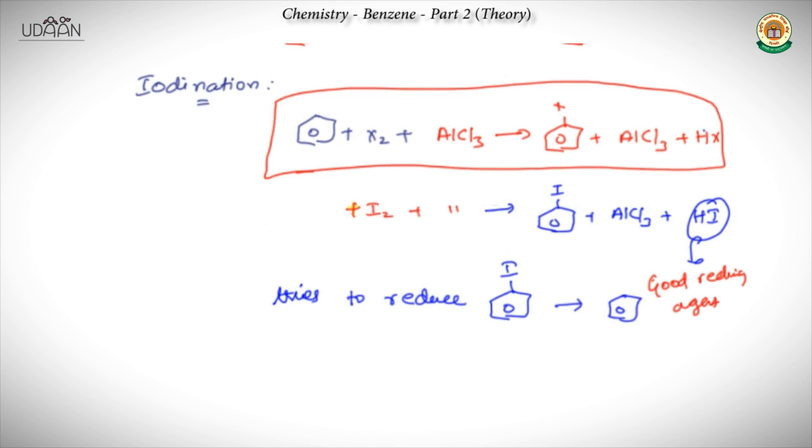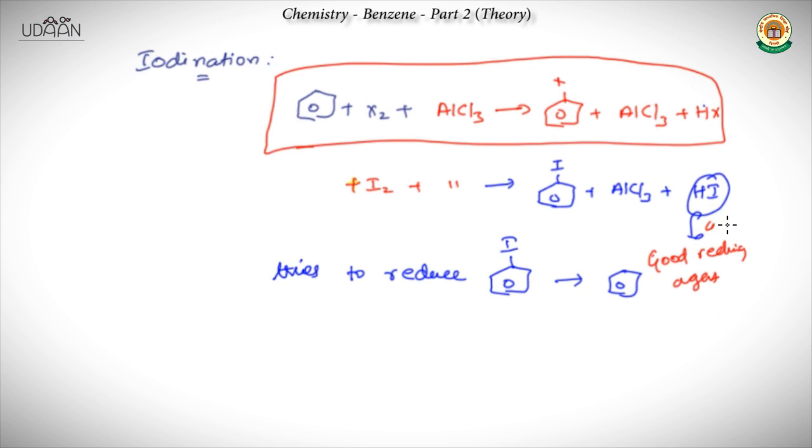You can do two things. You know that this is an acid, so you can add a base like KOH or even NaOH, which converts it to KI plus H2O in this case, and in this case NaI plus H2O.